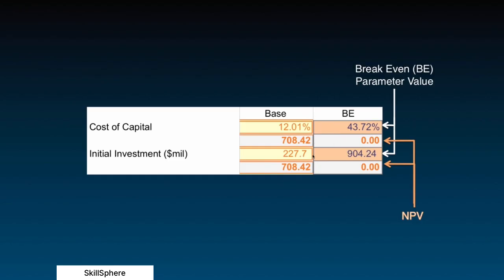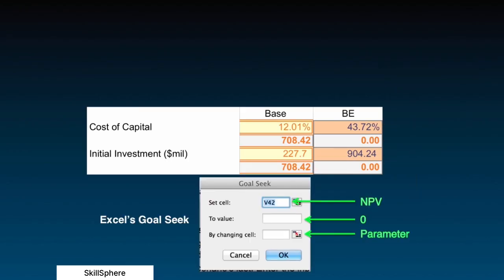For the initial investment, our initial investment would have to be closer to $1 billion before this project started to turn negative. Now, how did I get these? Well, I just used GoalSeek. I set the NPV cell to 0, and I would change the input parameter. GoalSeek goes around by iterating to find the 0 value.